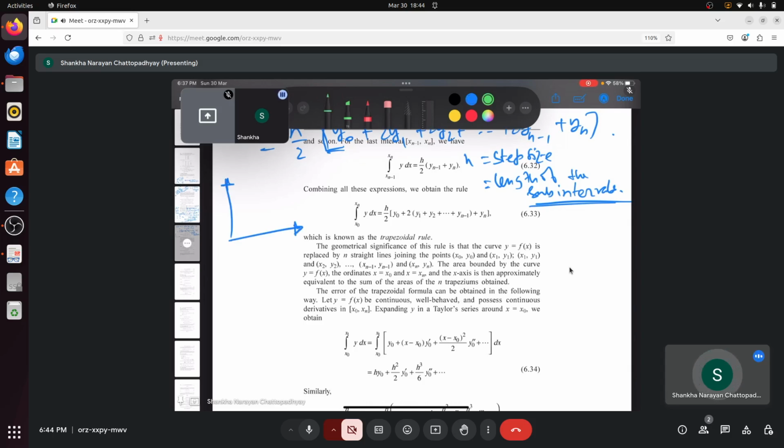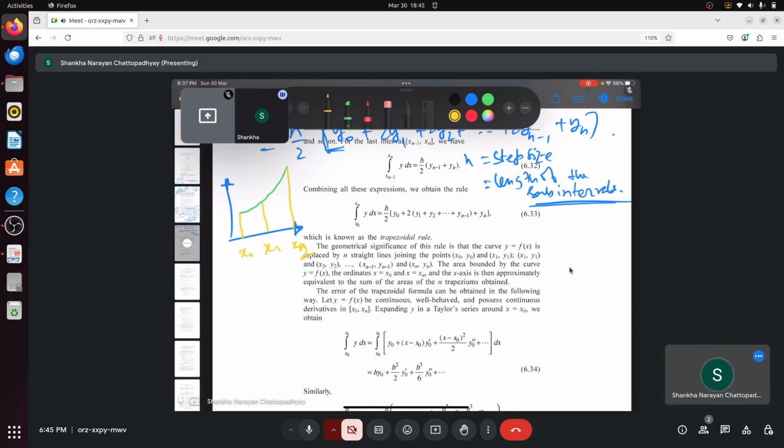So you have this curve, this is your x0 and this is your xn. I am just considering, say, this is your x2 and this is your x1. So 3 points I am considering so that you can easily understand it. So what will I do now?